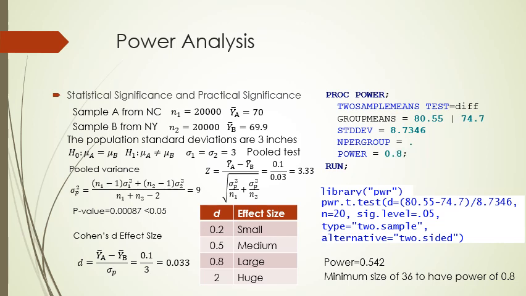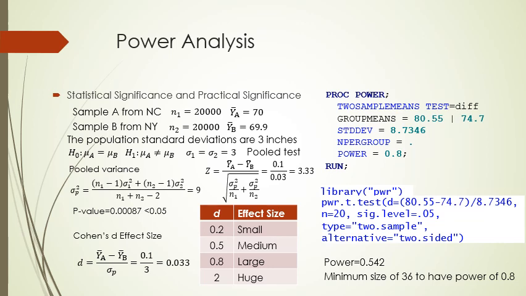In R, we first include a library, pwr, and use the function pwr.t.test in the library. The parameter d is Cohen's d effect size, which is (80.55 minus 74.7) divided by 8.7346.